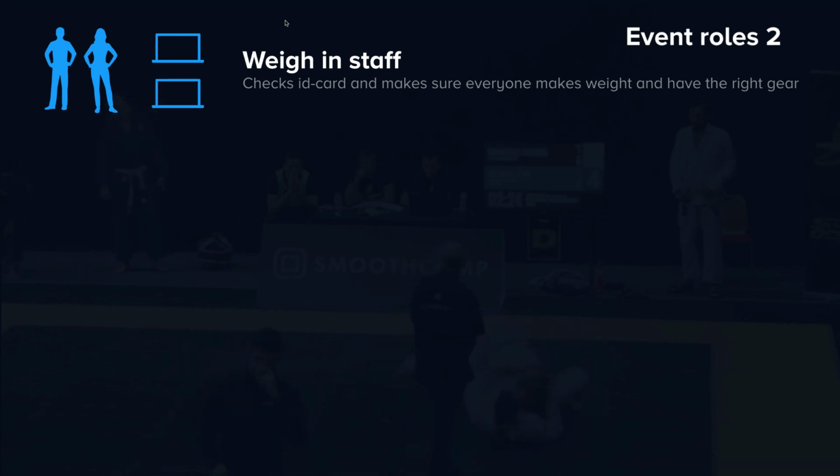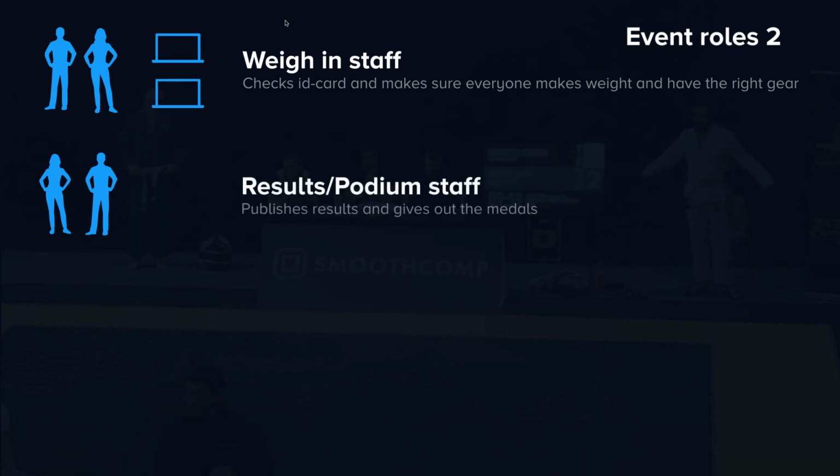And we also have the podium staff coming up. This is the third person that operates the system during the tournament. As soon as one bracket is done, you will get a result that is to be published, and this is to keep track that you have handed out all the medals.